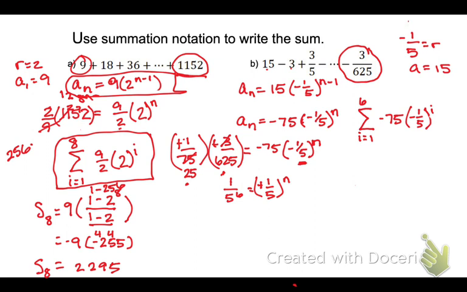So now what do I do? S sub 6 equals, and a sub 1 is 15, 15 times 1 minus negative 1/5 to the 6th over 1 minus negative 1/5.